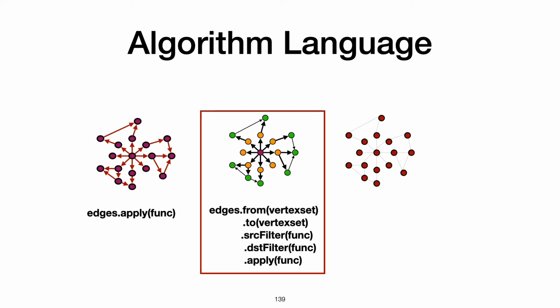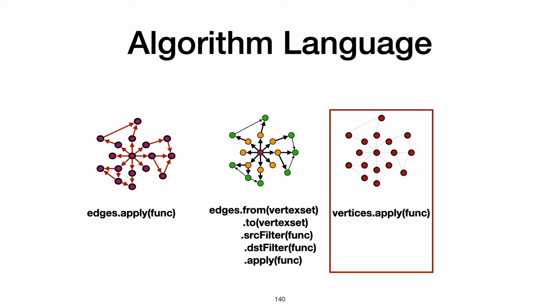On the other hand, if you are doing a data driven algorithm, you can use filter commands to filter on source and destination depending on the data and apply your function only to a selected subset of edges. And if you want to do vertex processing, we can also do that, apply for vertices.